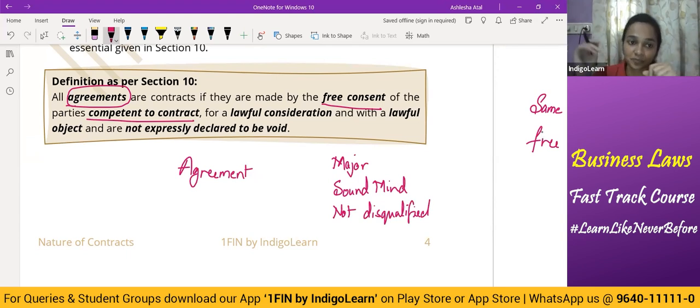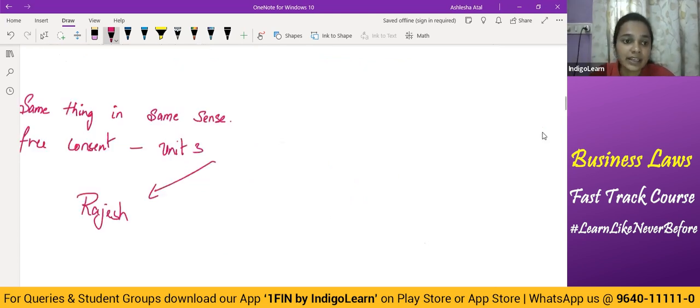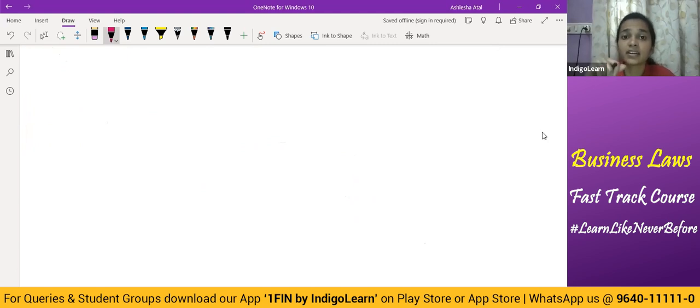So for a contract to be a valid contract, there has to be an agreement, there has to be free consent. Free consent of whom? Of the parties who are competent to contract, that is, who are capable of entering into a contract. Apart from it, there has to be a lawful consideration and a lawful object. Lawful consideration means what? Say, for example, if a person enters into a contract of gambling, or a contract of drug trafficking, these are illegal activities.